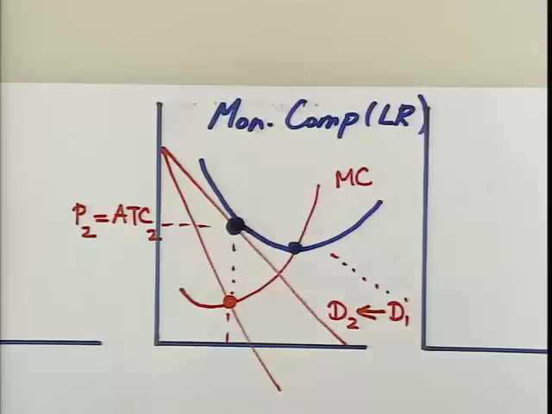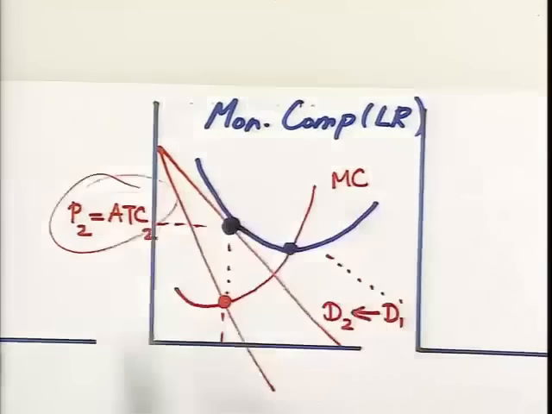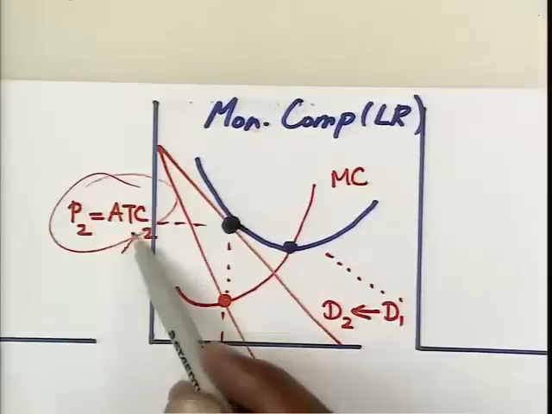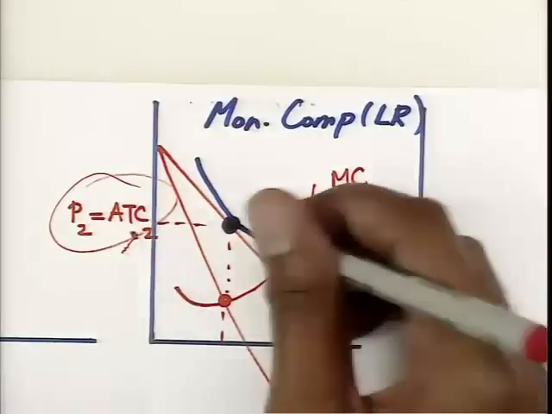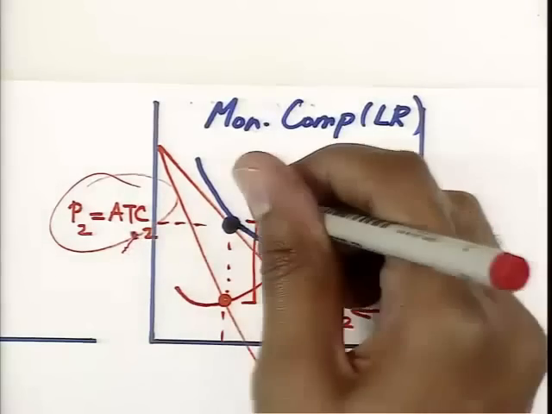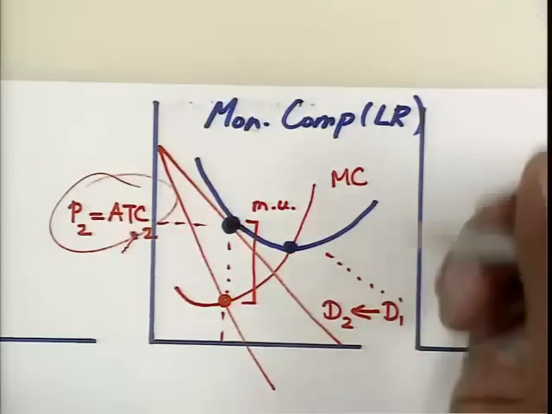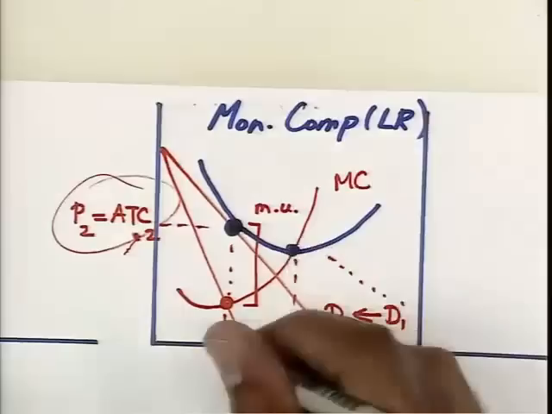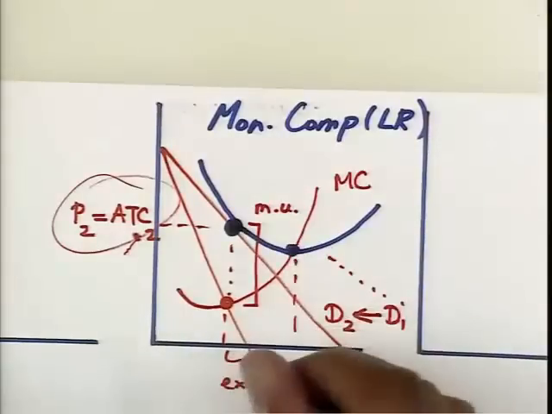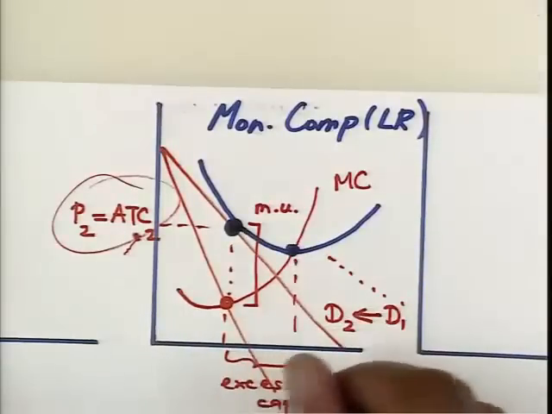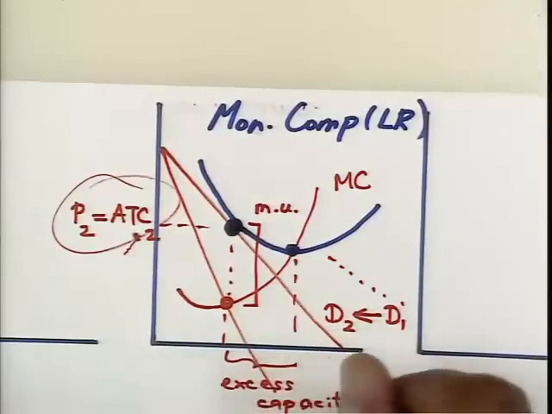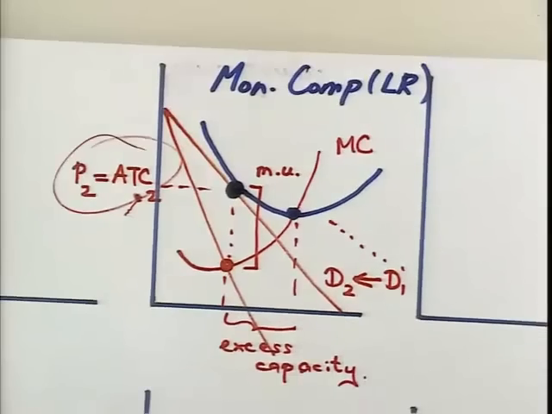So that is similar to perfect competition in the long run, the fact that price equals average cost. But there is still a markup in monopolistic competition, and there is still excess capacity compared to perfect competition.